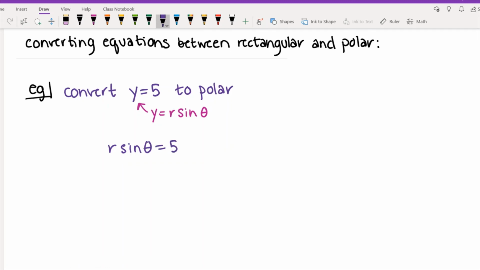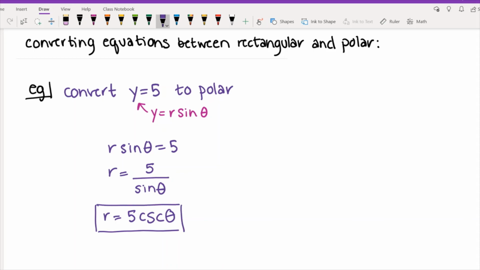So this already took our original relationship and turned it into a relationship between r and theta. But typically when you write down these types of equations, you usually want to solve them for r. So if we solve this for r, we get r is equal to 5 over sine of theta. Another way of writing that would be 5 times cosecant of theta.